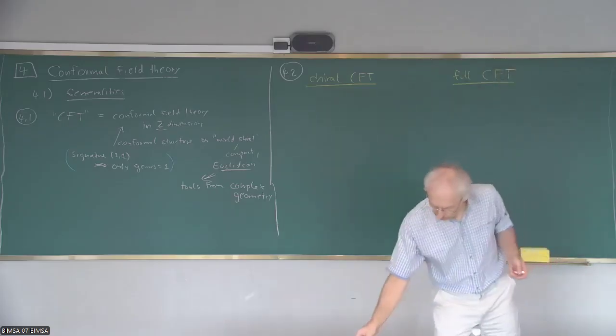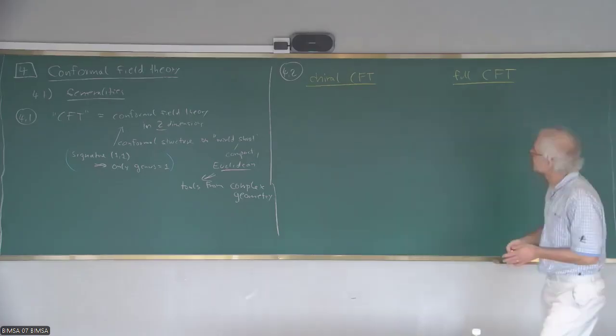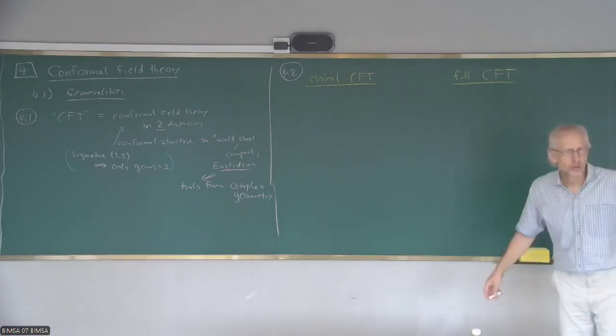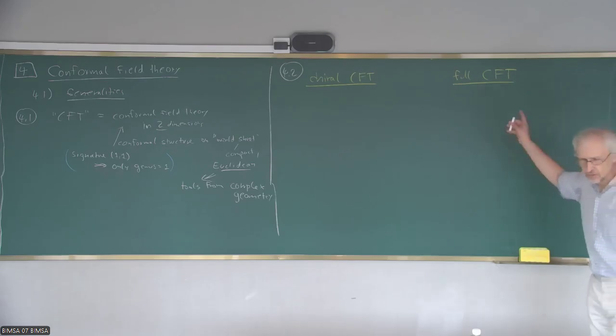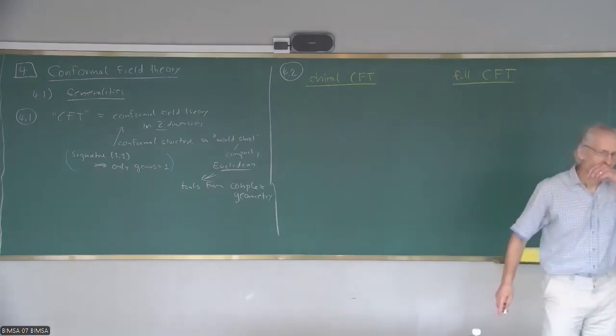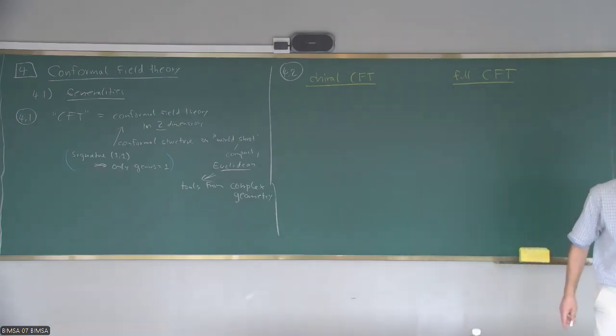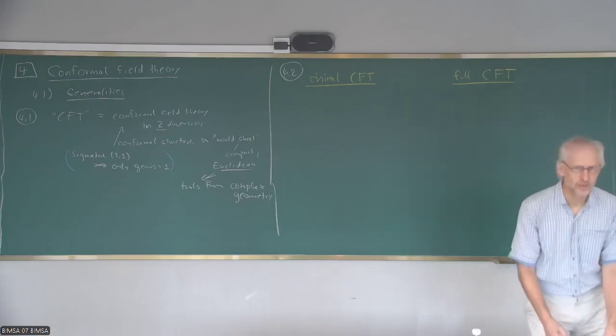But let me first mention that until, say, 2 decades ago, people often were not very clear about which of the two variants they were talking about, and sometimes this leads to problems. Nowadays, this is very well established, but this doesn't prevent people from still sometimes mixing things up.